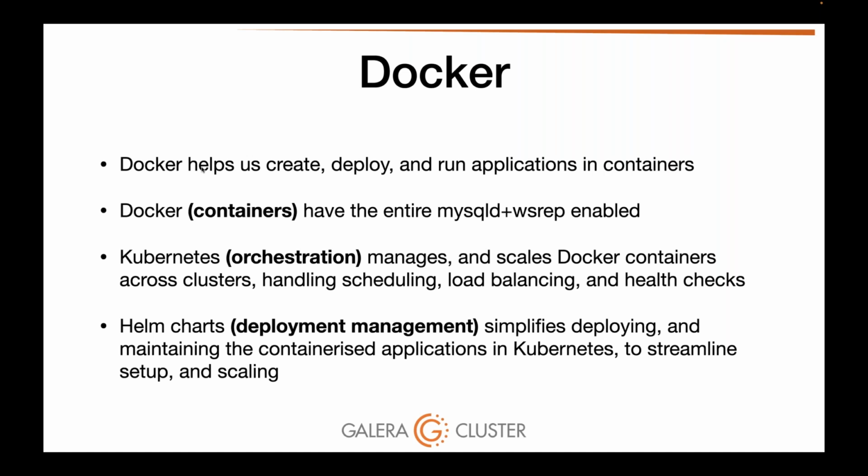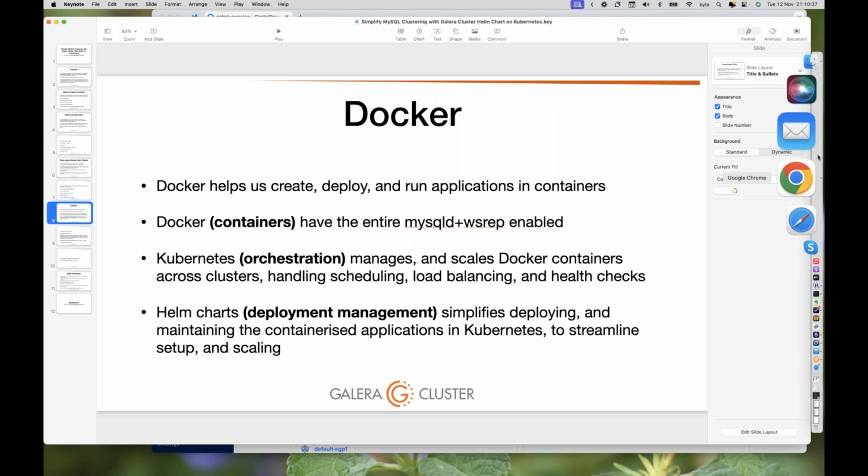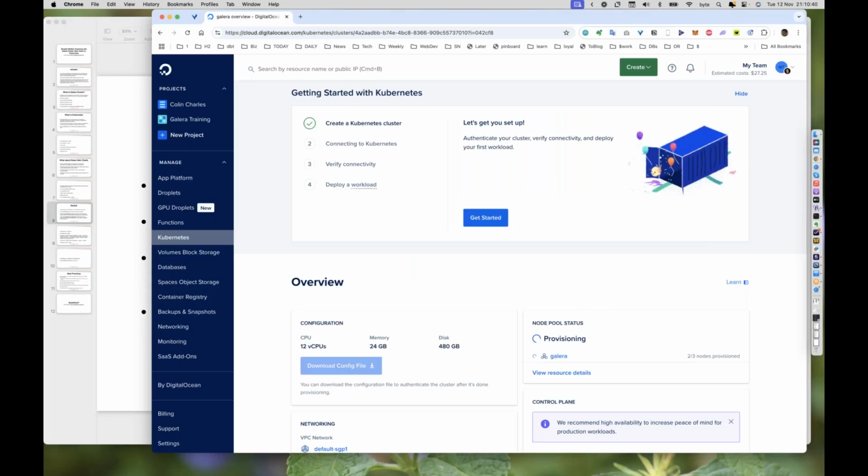Kubernetes will then orchestrate, manage, scale the Docker containers, handle scheduling, the load balancer, and health checks. And Helm Charts are really just there for deployment management, which can simplify deploying and maintaining the containerized apps in Kubernetes, basically streamline setup and scaling as well. So that's the general setup.